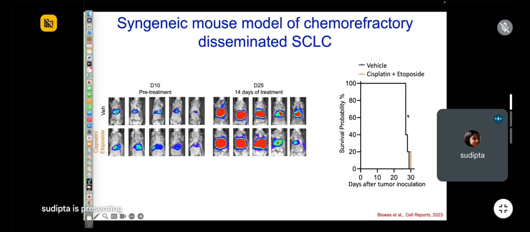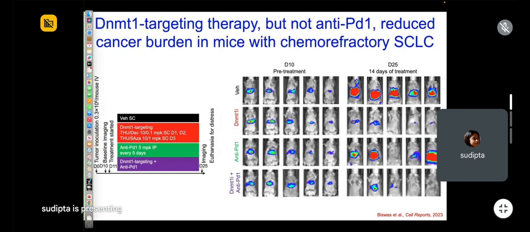The survival of the mice also didn't change with the chemotherapy drugs. Chemotherapy doesn't work because the cells we use are p53 null.